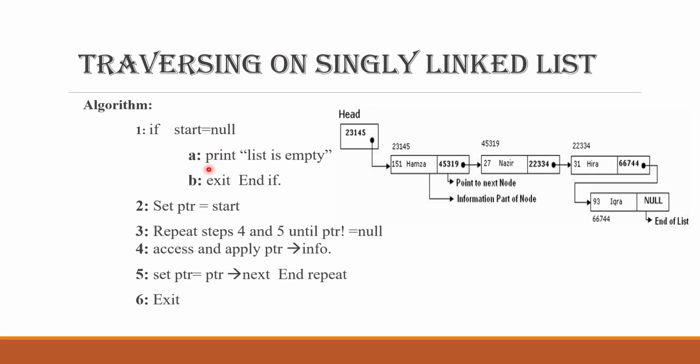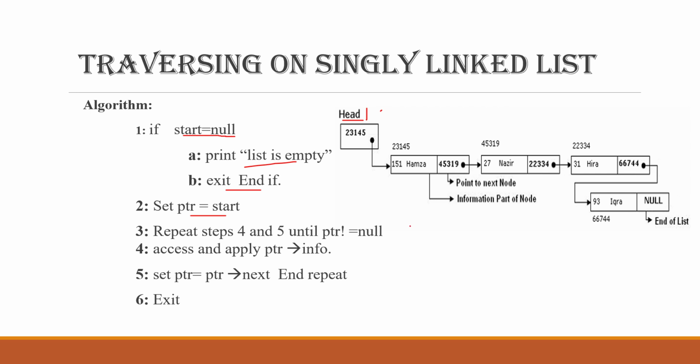This is our algorithm for traversing a singly linked list. If start is equal to null, start or head, we can say it is also a start. If start is null, that means the list is empty and our procedure stops here. Otherwise, we set pointer equal to start.